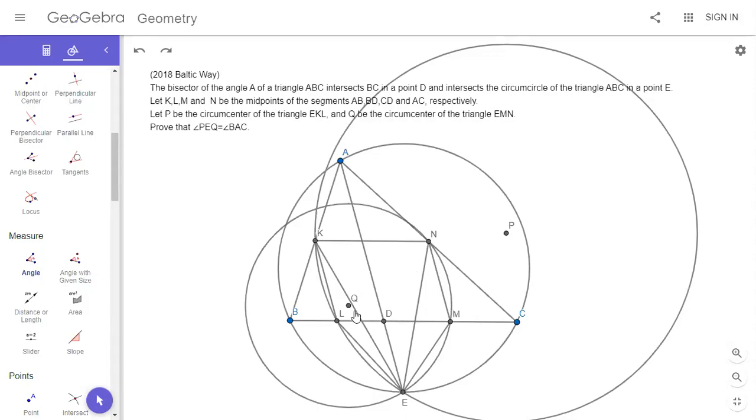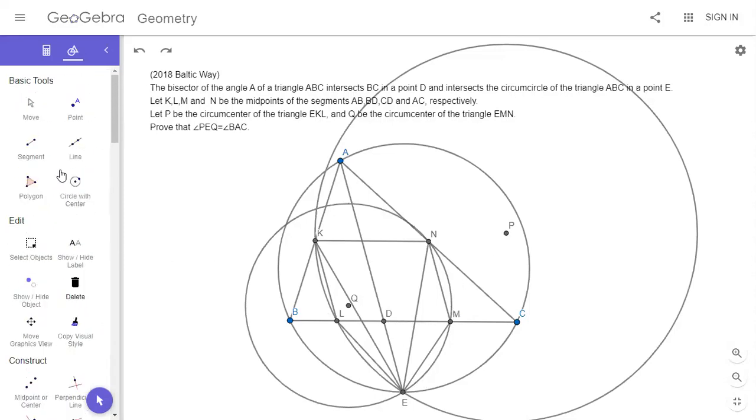We could try to get angle QEM and PEL. I wonder if angle LEQ is equal to angle PEM. Oh no, those are almost collinear. This is a weird problem.